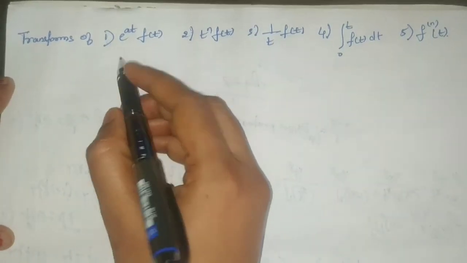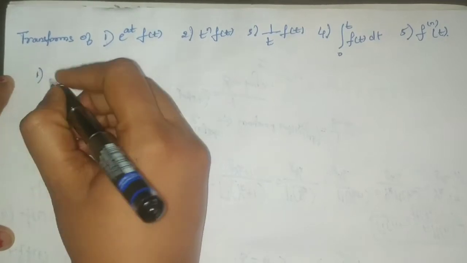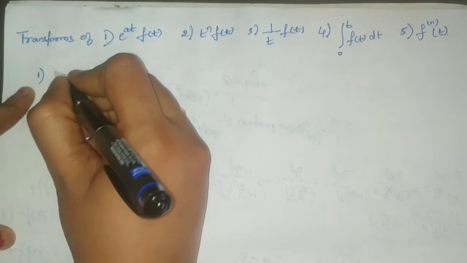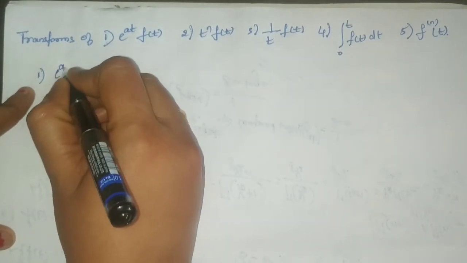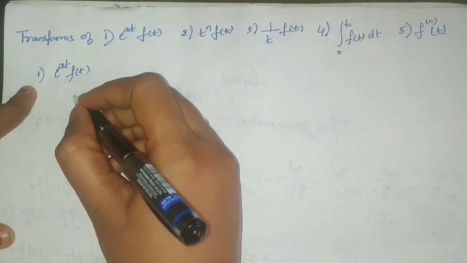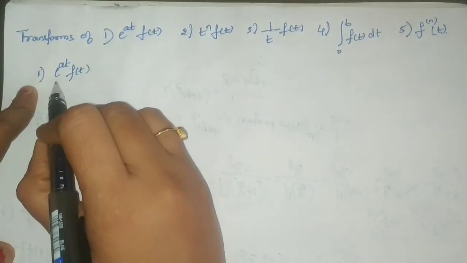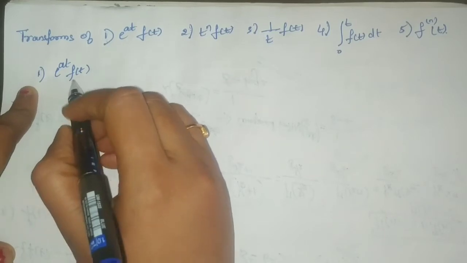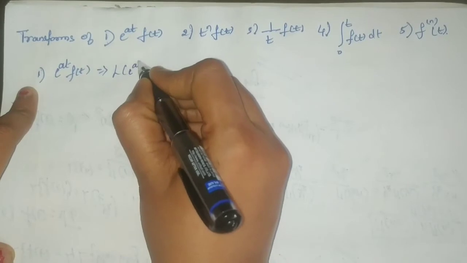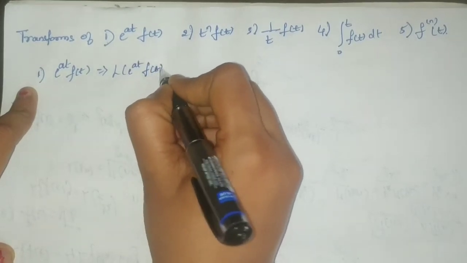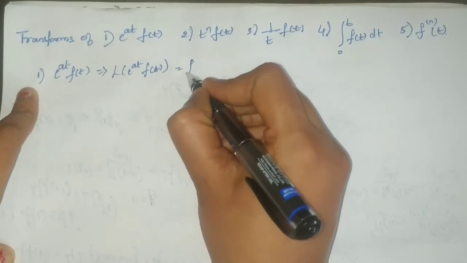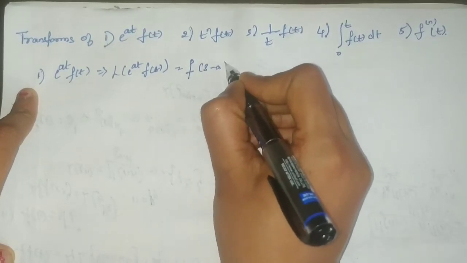So let us start with the first one. All these are called product of function type. Okay. So given e power at into f of t, right? Whenever you have product of exponential into function, take Laplace on both the side. Laplace of e power at into f of t, whose solution will be f of s minus a.